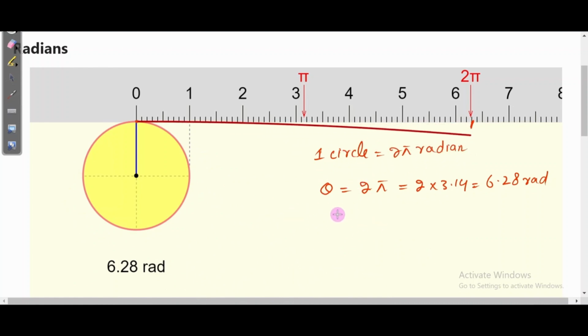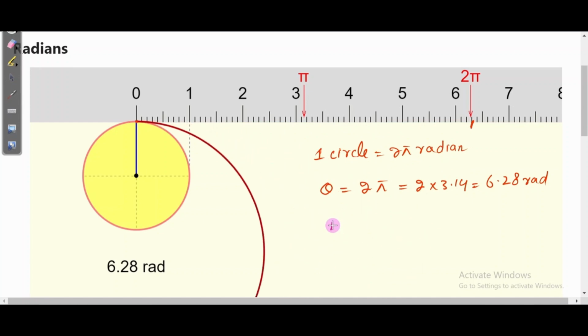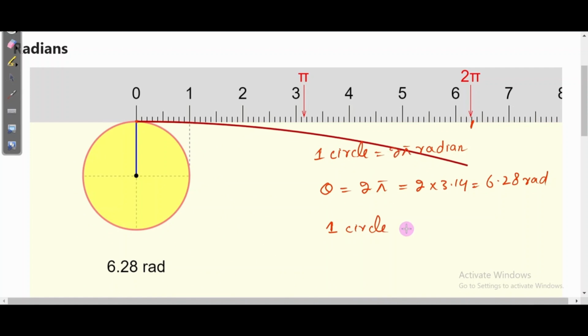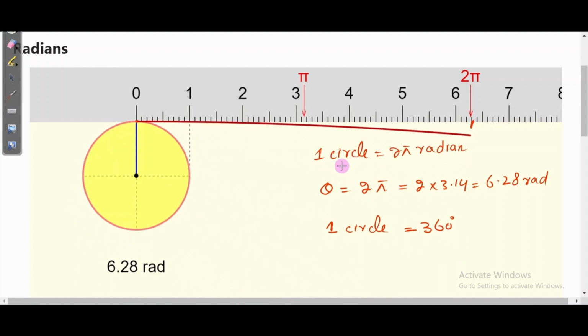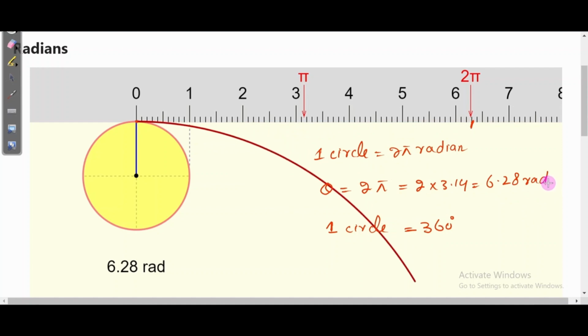And similarly, in the previous case, for one circle there were 360 degrees, and now for one circle there are 6.28 radian.